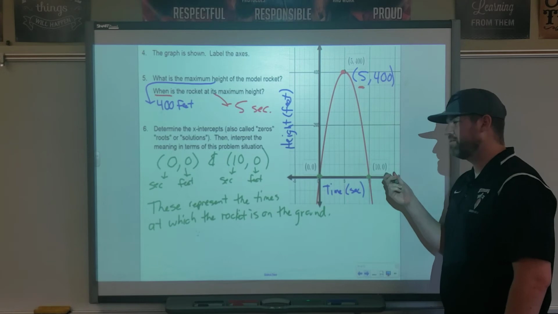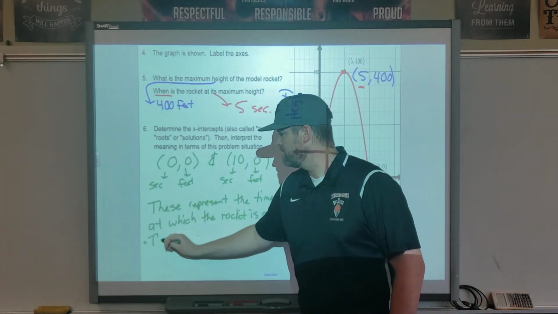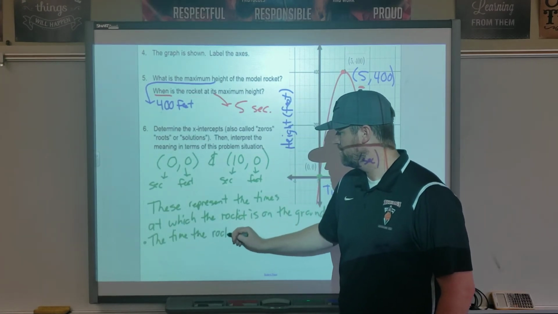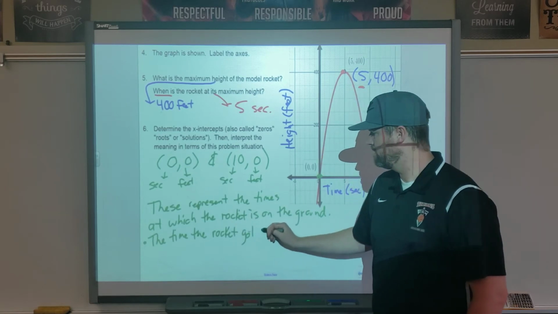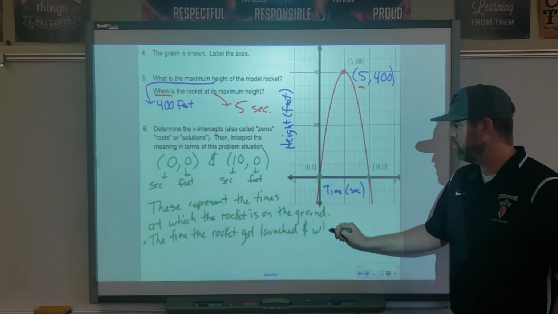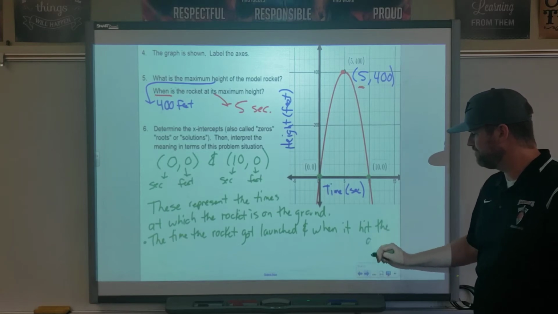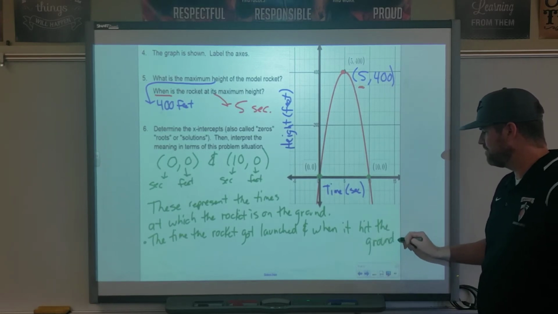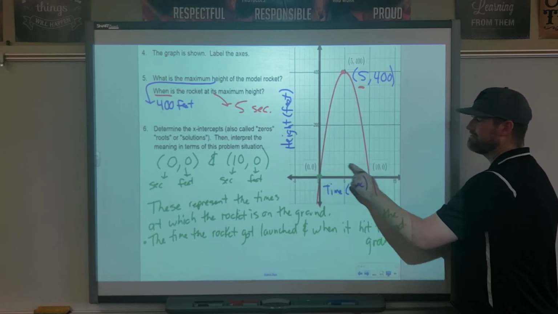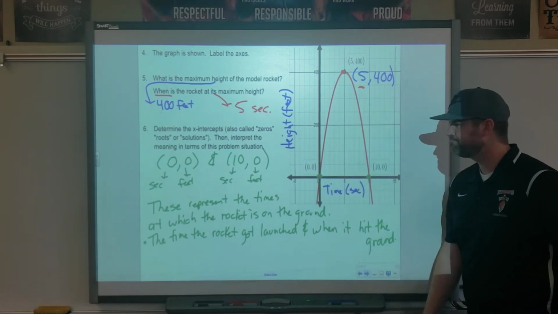So it's going to be on the ground probably at 15 seconds too, not just at 10. But we could also think about it as the time the rocket got launched and when it hit the ground. So we know that at 0 seconds and at 10 seconds, the rocket was at a height of 0, so it was on the ground when it got launched and when it landed.